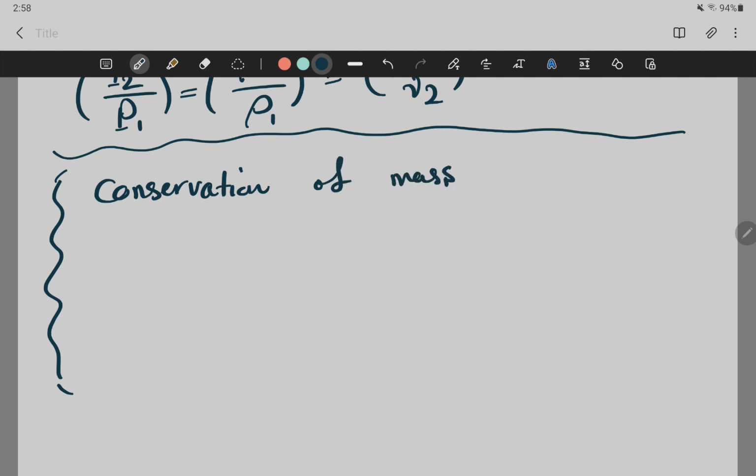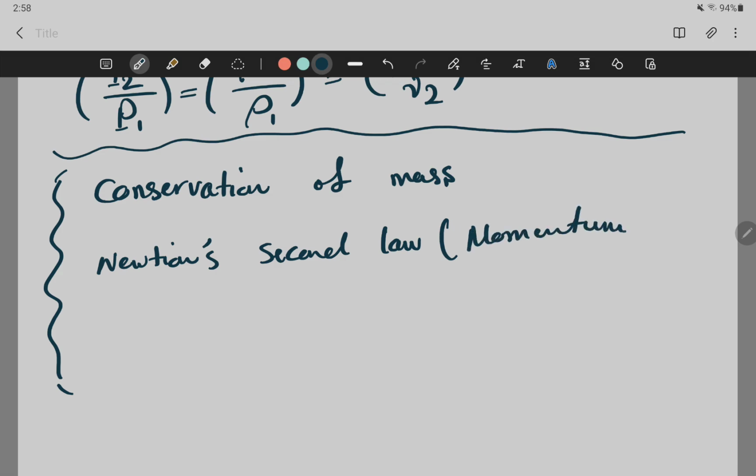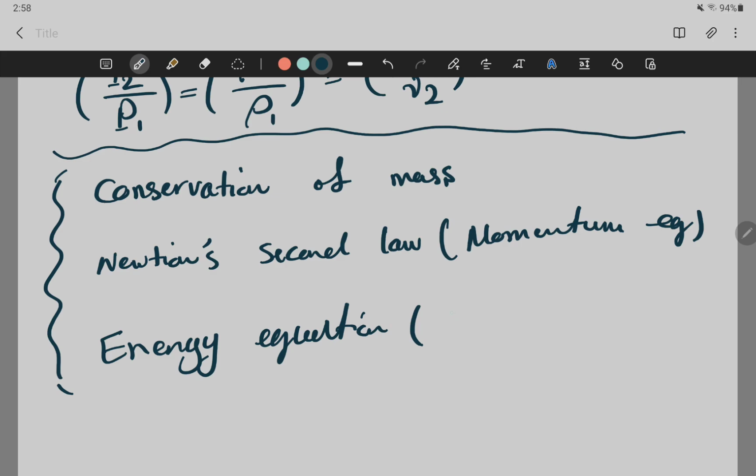The second one is the momentum equation, which is derived from Newton's second law. I don't want to call it conservation, let's just call it the momentum equation. And the third one is the energy equation, which is derived from the energy balance in the system.